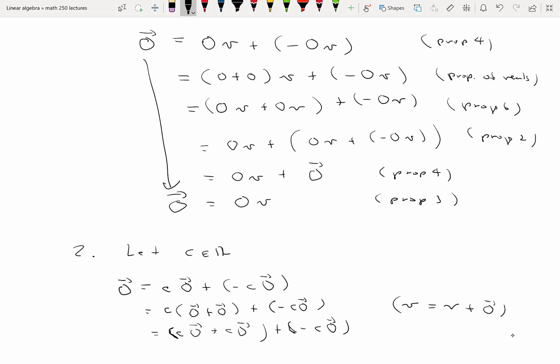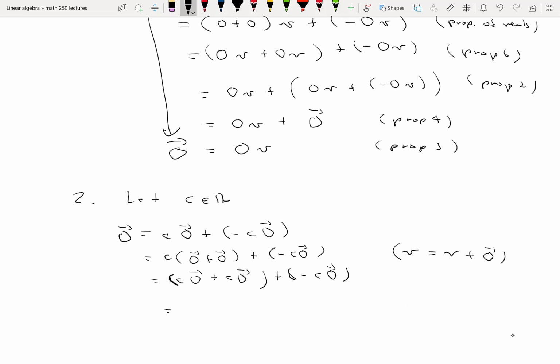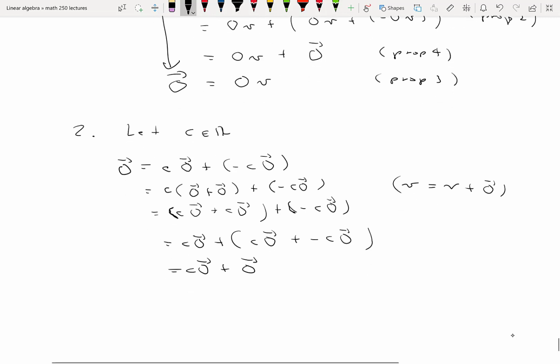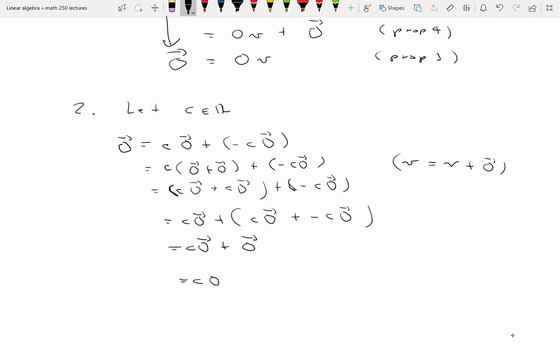Move parentheses: c times 0 plus, in parentheses, c times 0 plus the opposite of c times 0. Property 2. And then finally, well, almost finally, c times 0 plus the opposite of c times 0, that's the 0 vector. Anything plus the 0 vector is that vector again. Done. I've shown that c times the 0 vector equals the 0 vector.